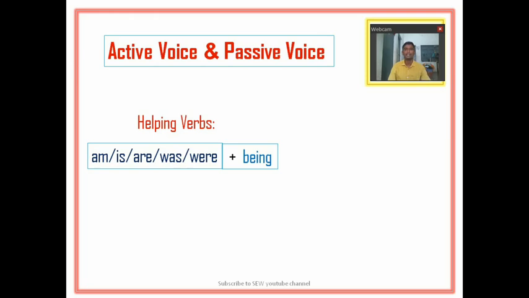Being should be written after them. So when am is used, we have to use being. So am being. So is being. Are being.